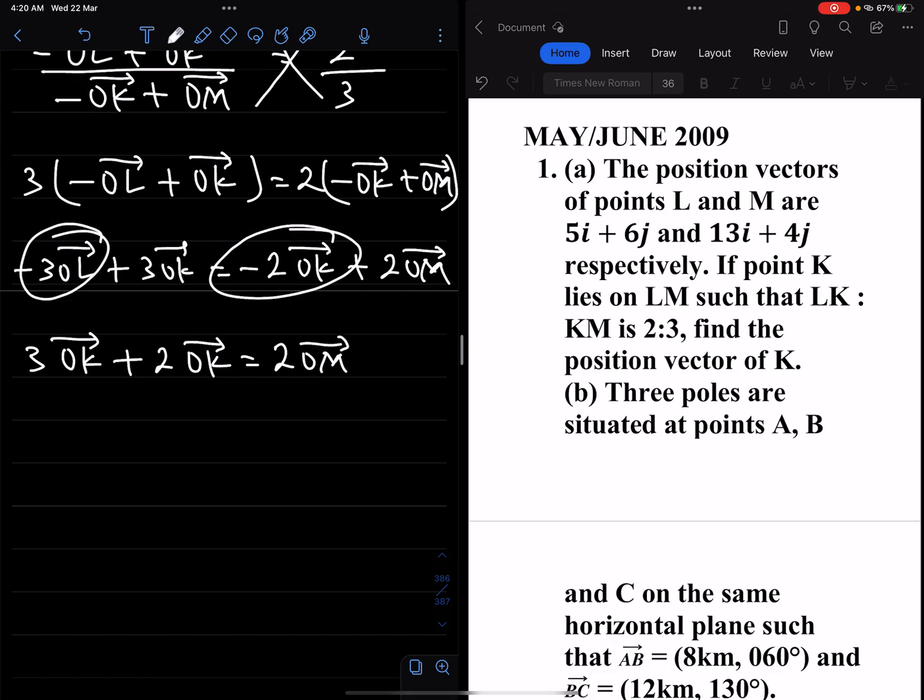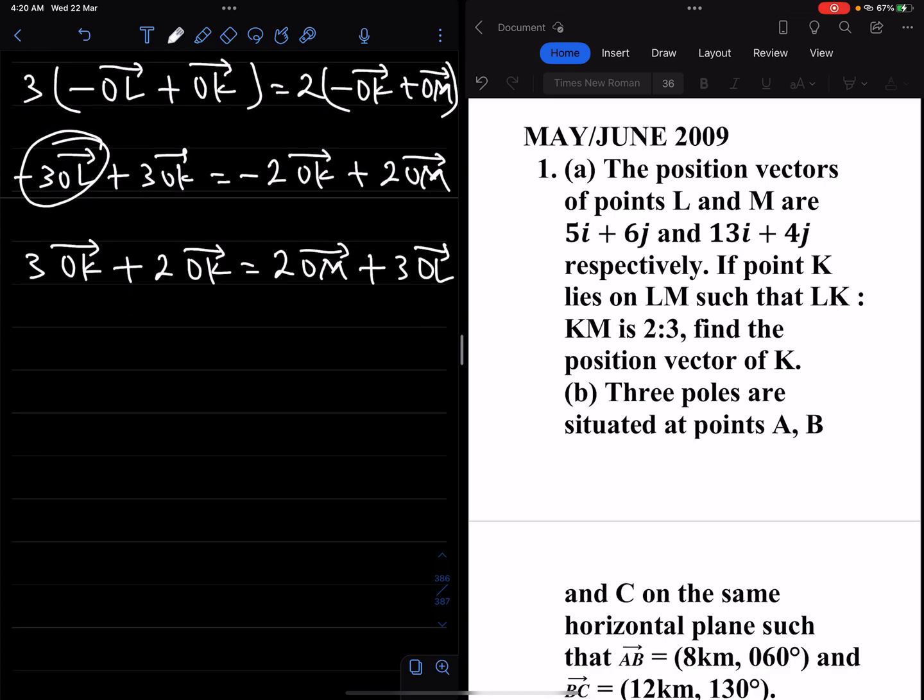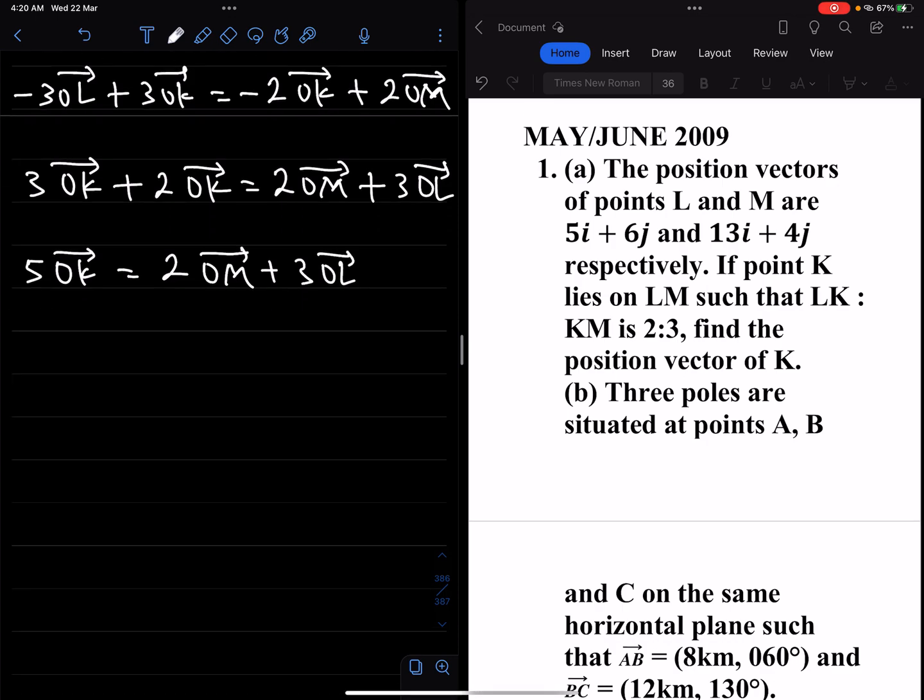Now I'm taking minus 3OL to the right hand side, and it's going to become plus 3OL. And that simply means 5OK equals 2OM plus 3OL.